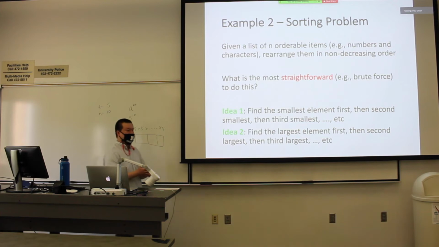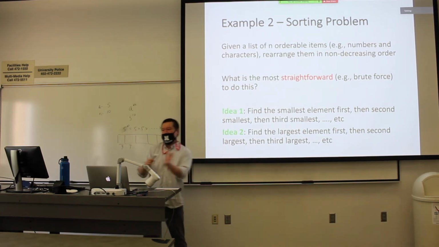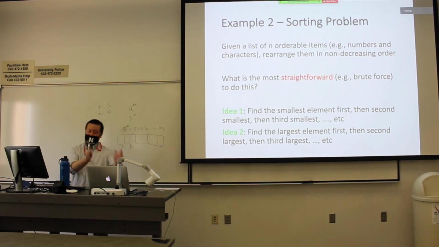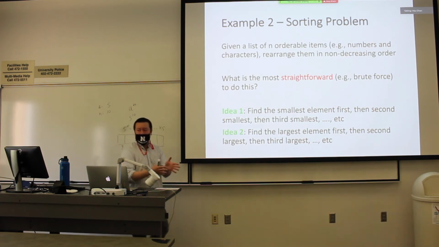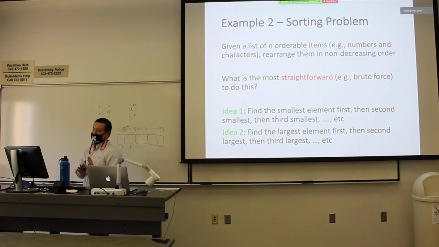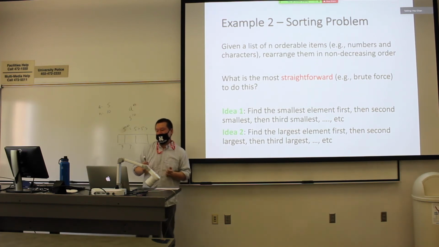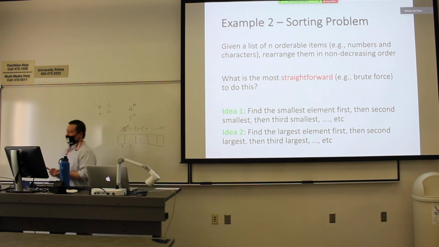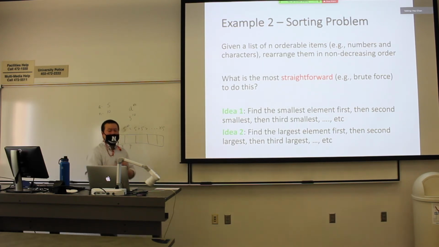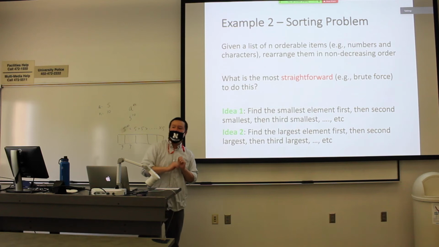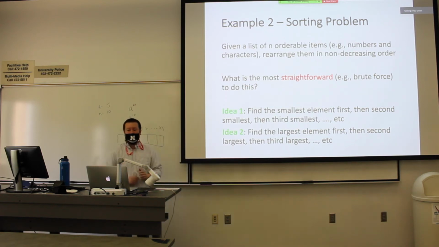You want to make sure that the largest element is at the end of the list first, and then you keep doing it until you have everything. So the first idea and the second idea are somewhat similar. The first idea is about finding the smallest elements first sequentially, and the second one is about how you ensure the largest element is always at the end first, and then you keep doing it until you have an order.